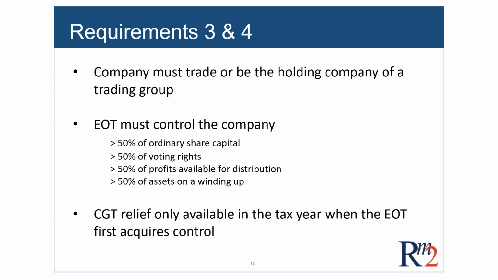In terms of the profits being available for distribution, that would mean if a dividend is declared, the trust would have the right to over 50%. However, virtually all EOTs that have been set up, with only a few exceptions, waive their right to receiving dividends. And the reason is that if you paid a dividend into a trust, it would be very tax inefficient because you'd be doing it in order to distribute it to the beneficiaries.